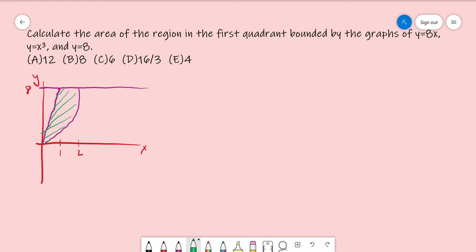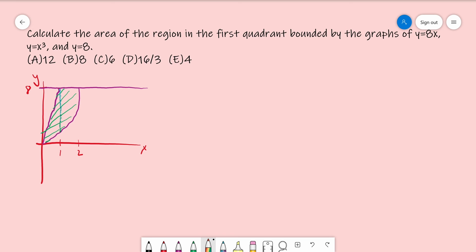So what we're going to do is split this up into two areas, and we're going to write an integral that represents each one. This is where we split it, right there.